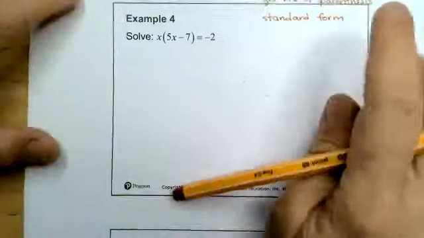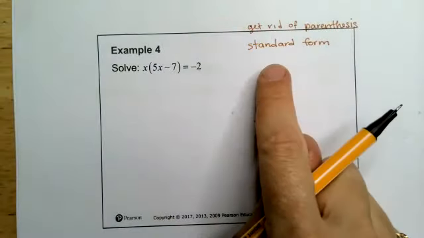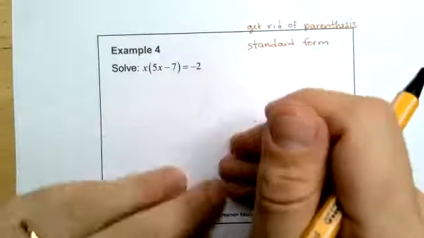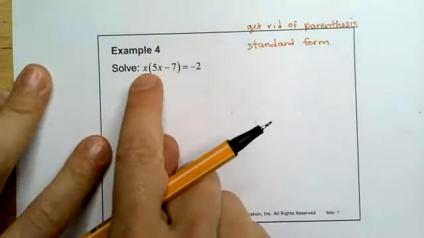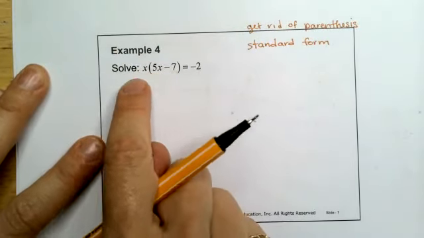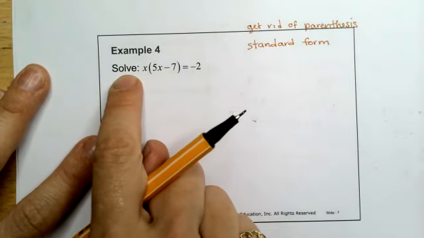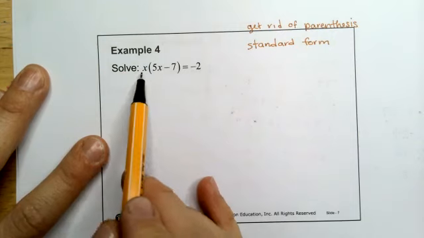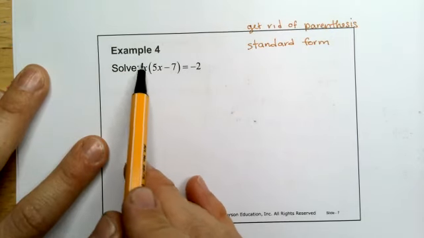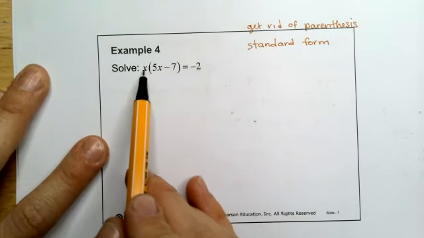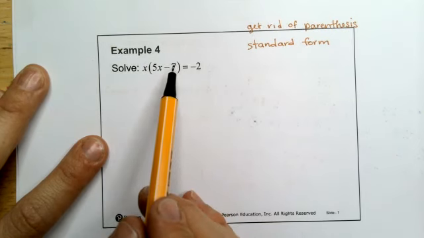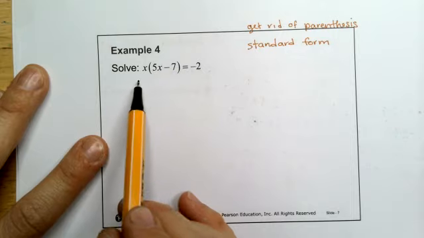If it's not in standard form, we get rid of the parentheses to put it into standard form. Technically this is a factored form, but we need to expand it. So we need to do the x times 5x and do the x times the -7 so that we can move this -2 over and we have a trinomial.